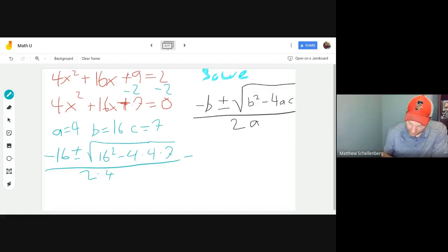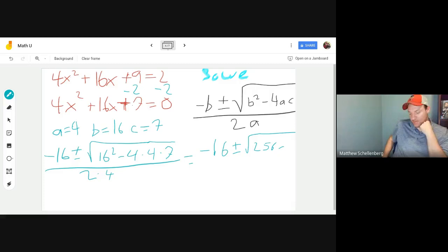What do we get? Well, let's keep going. So this is minus 16 plus or minus the square root of 16 squared is 256. Minus 4 times 4 times 7. That would be 28 times 4, which is 80 plus 32, which is 112. And that goes all over 8.